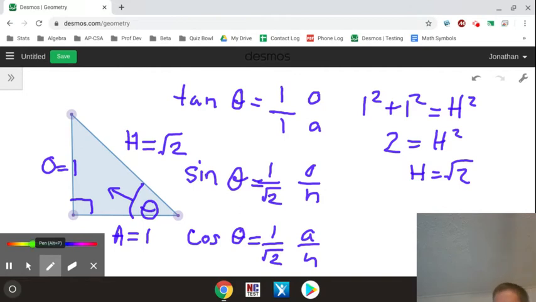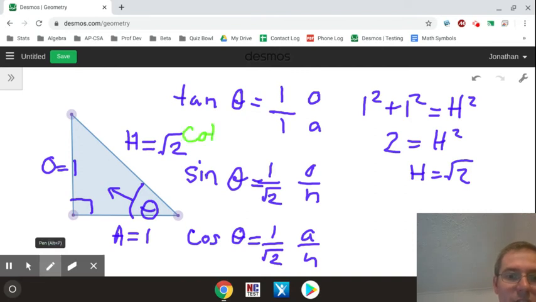Now, you might remember when we were in class, we talked about you had 3 additional trig functions. They were called your reciprocal trig functions because you basically take the reciprocals. So the one that went with tangent is cotangent. We always put a co with one that did not have a co. So if tangent is 1 over 1, I'm going to flip it upside down, and cotangent will also be 1 over 1.